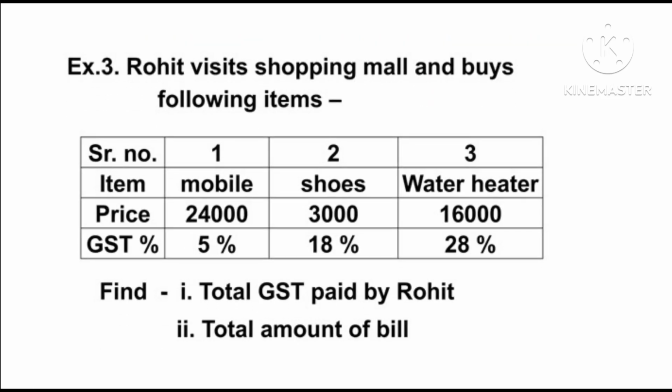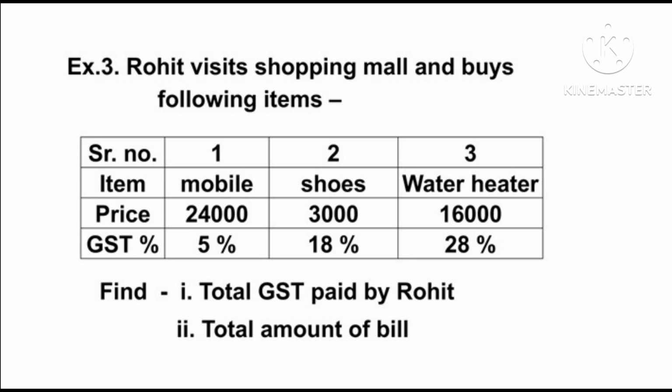Example 3. Rohit visits a shopping mall and buys the following items. 1. Mobile at a price of 24,000 rupees. 2. Shoes at a price of 3,000 rupees. 3.